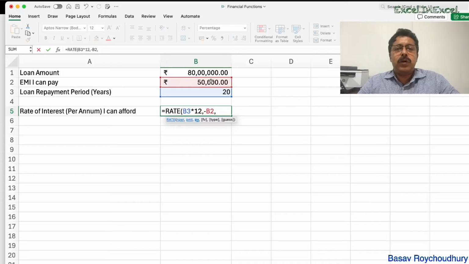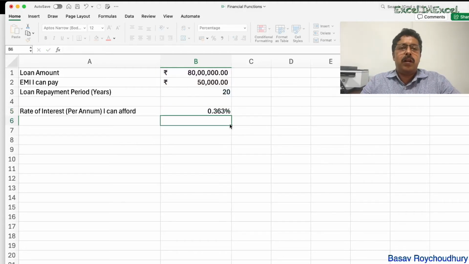And then what is the present value? Present value is that 80 lakh loan that I am looking for. And yes, I may not give the other things because other things are, as you see, FV. For a loan, it will be considered as 0. For a type, it will be considered as the end of the period, 0. Guess, it will start with 10%, as we had already explained. And therefore, what is the rate of interest? The rate of interest would be 363.